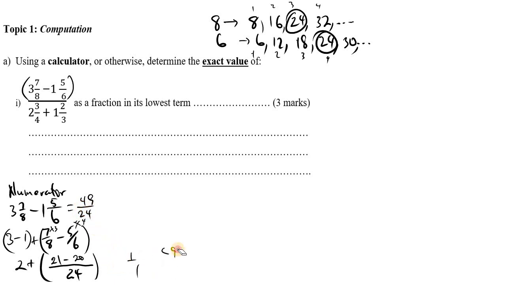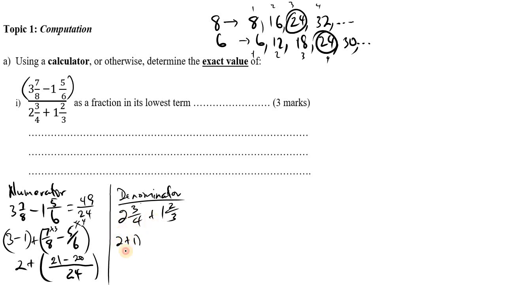All right, so let me just get some space here. Now for the denominator, we have 2 3/4 plus 1 2/3. Okay, so let's add the whole numbers, 2 plus 1, which is 3, plus the fractional part, which is 3/4 plus 2/3. 3 and 4 have an LCM of 12.